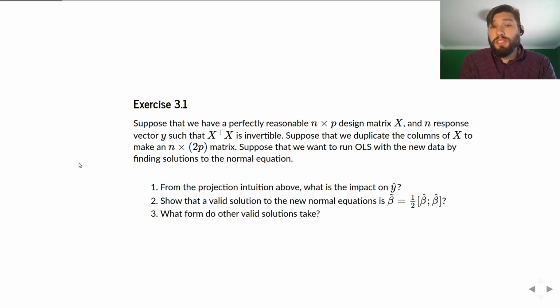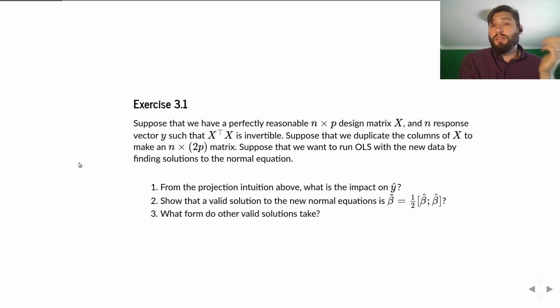The first question is, using this intuition, what is the impact on y hat? The second question is, we have this normal equation that always exists, and I want you to show that a valid solution to this new normal equation is beta tilde, where beta tilde is just 1/2 times beta hat stacked on top of 1/2 times beta hat.